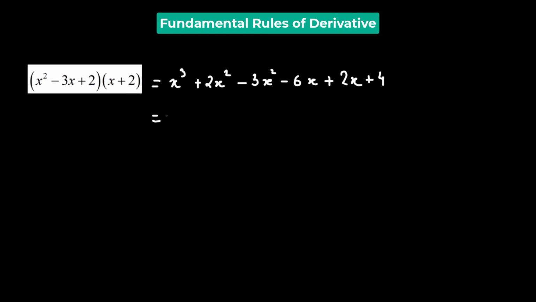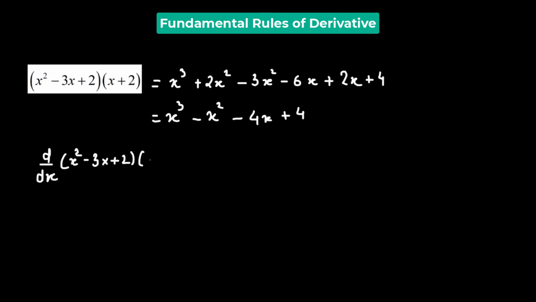Now let us combine the like terms. We have x cubed, then positive 2x squared minus 3x squared is going to give us negative x squared. Then we have negative 6x plus 2x, which will be negative 4x, plus 4. Now we're going to find the derivative of x squared minus 3x plus 2 times x plus 2.